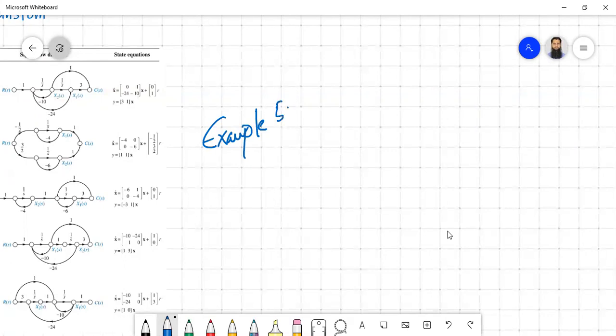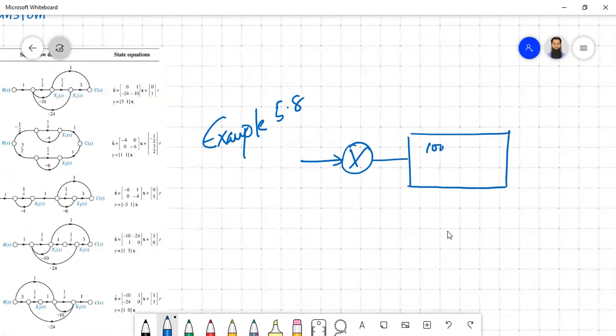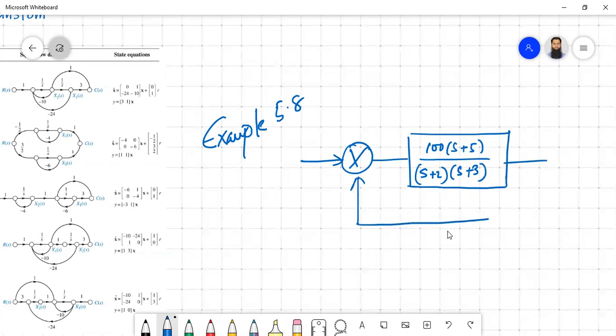Example 5.8, a simple feedback system with forward path transfer function 100 times s plus 5 divided by s plus 2, s plus 3, and negative unity feedback.